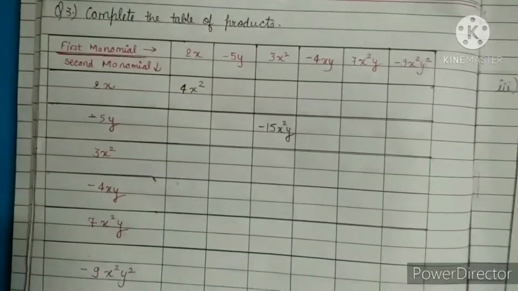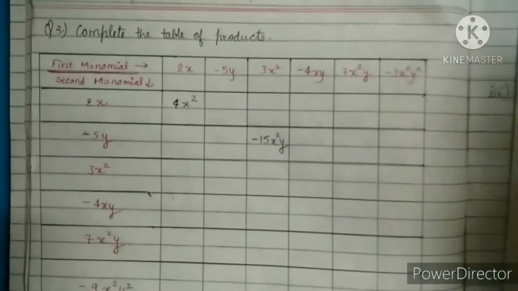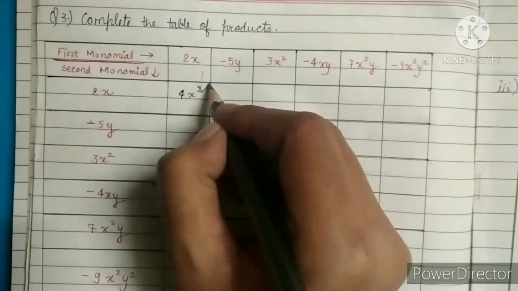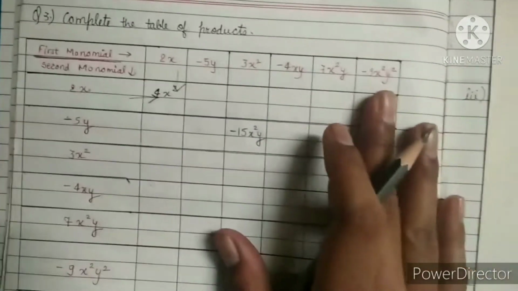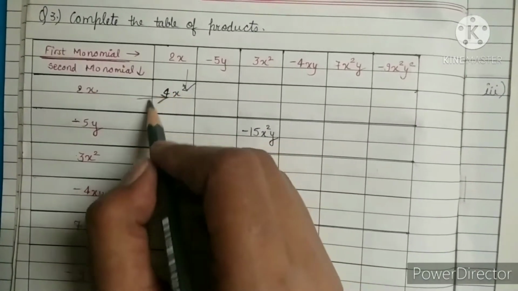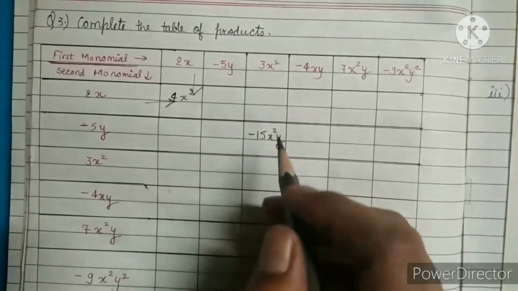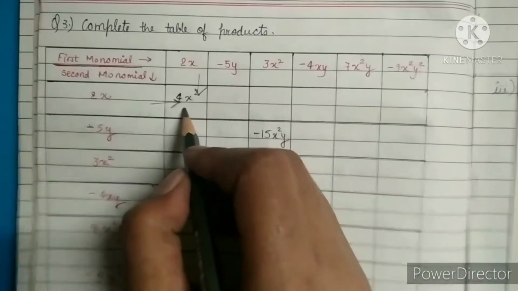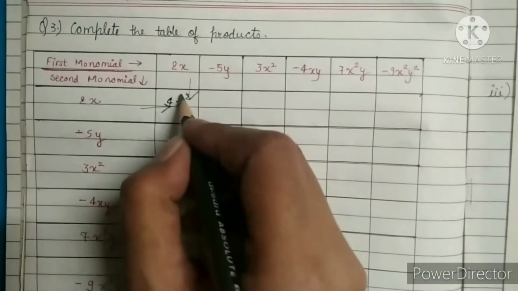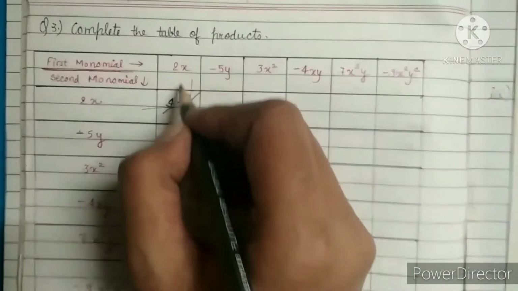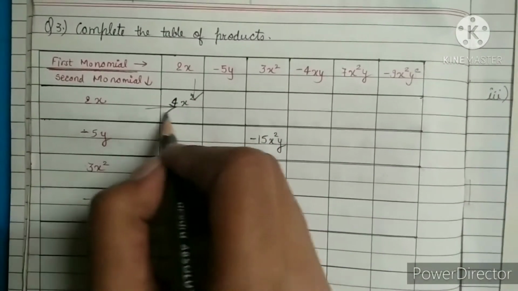Here you can see the intersection of this row and this column is this point. Like when you see a computer, in a computer Excel sheet it shows a cell. So what is a cell? The intersection of a row and column is called a cell. So this cell is the intersection of this column and this row.